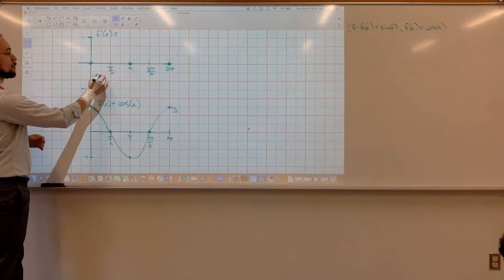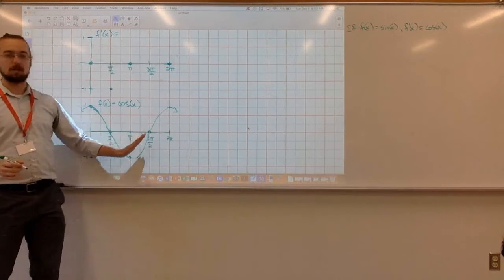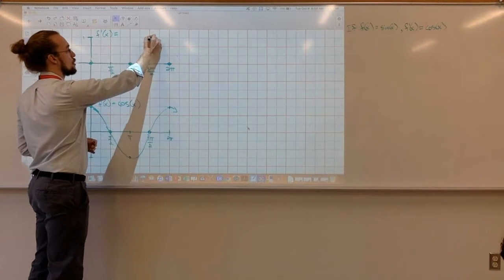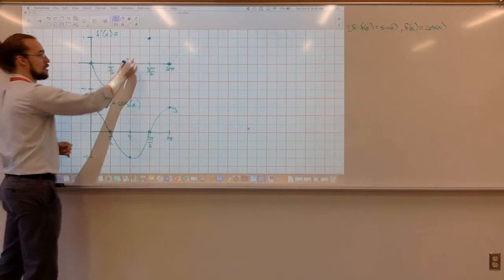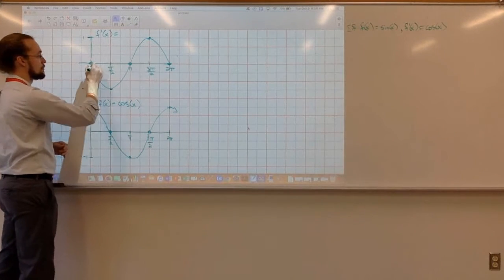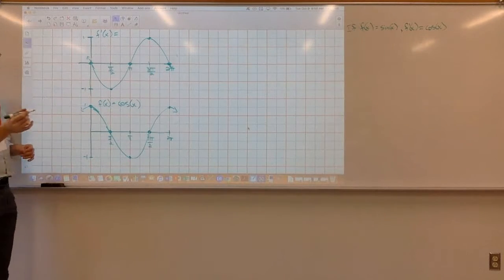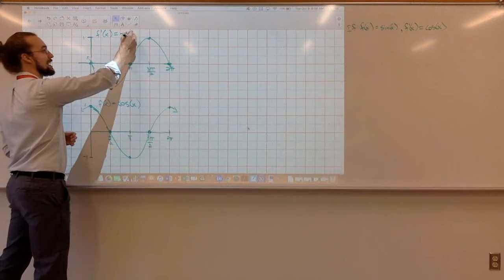So we'll go to -1 here. And then what about at 3 pi over 2? Approximately +1. So if I connect these dots, what does that look like? Exactly. The derivative of cosine is negative sine.